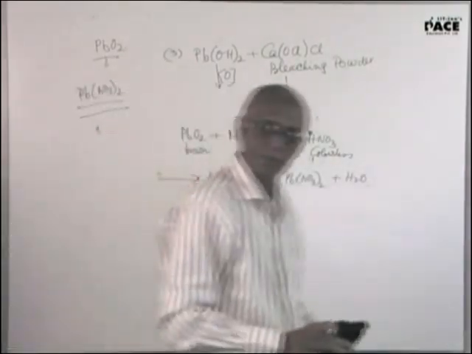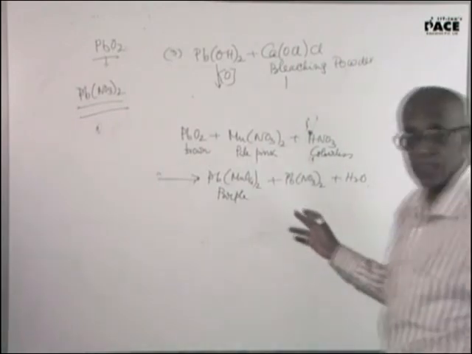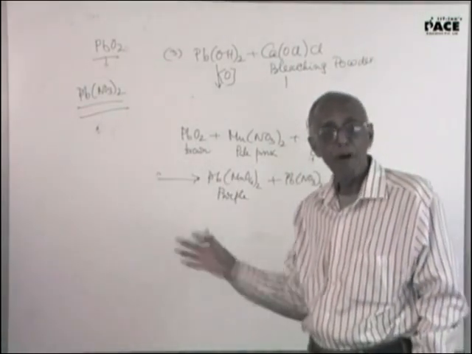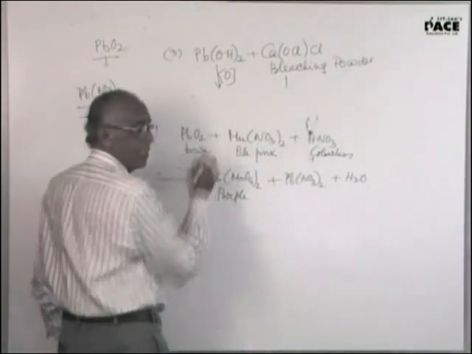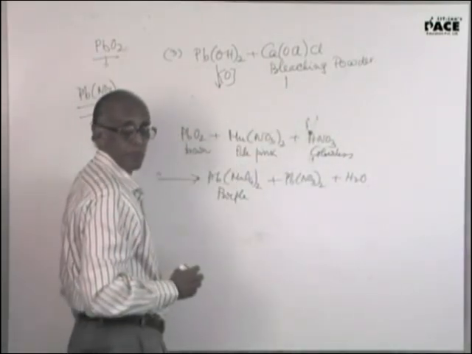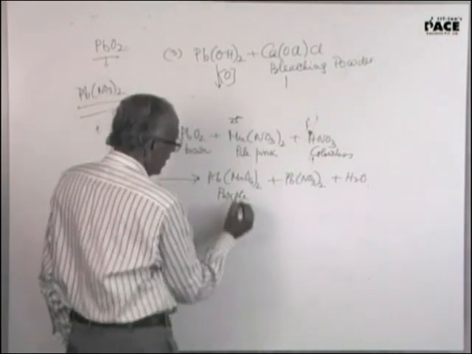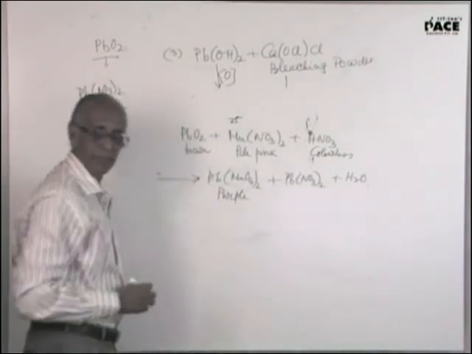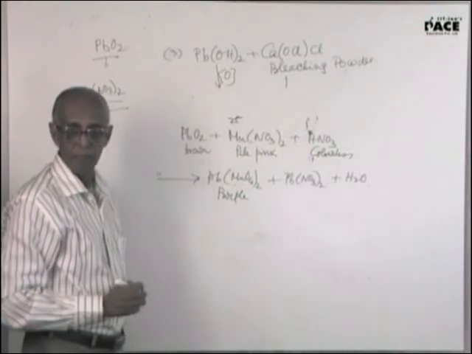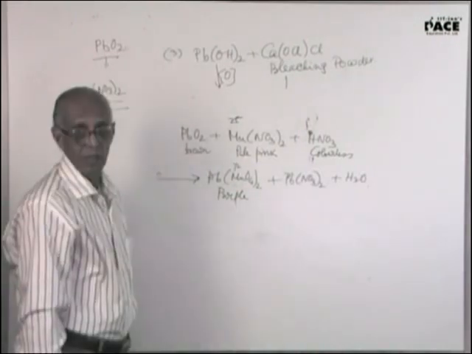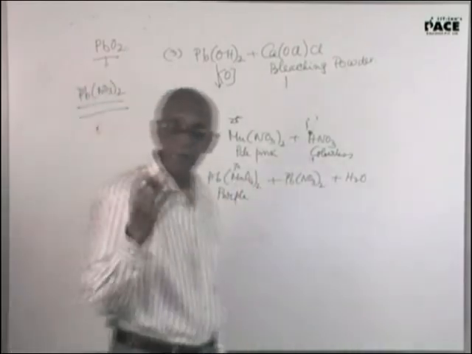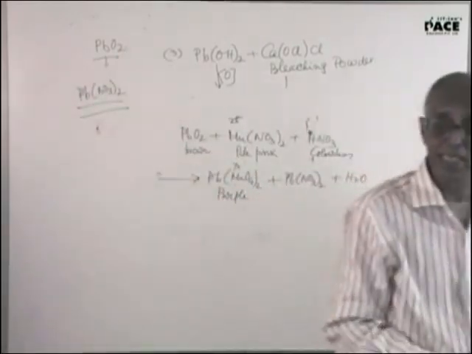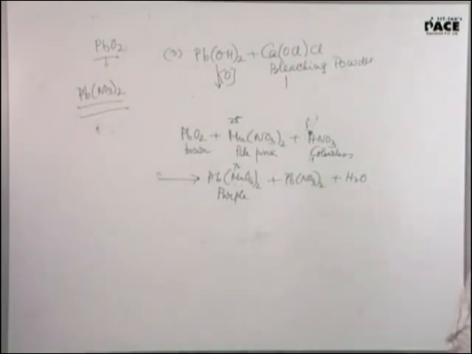Balance this reaction. You can see that lead dioxide is such a powerful oxidizing agent. What is the oxidation state of manganese here? It is oxidizing plus 2 to plus 7. So you can imagine how strong an oxidizing agent lead dioxide is. It oxidizes manganese 2 plus to manganese 7 plus.